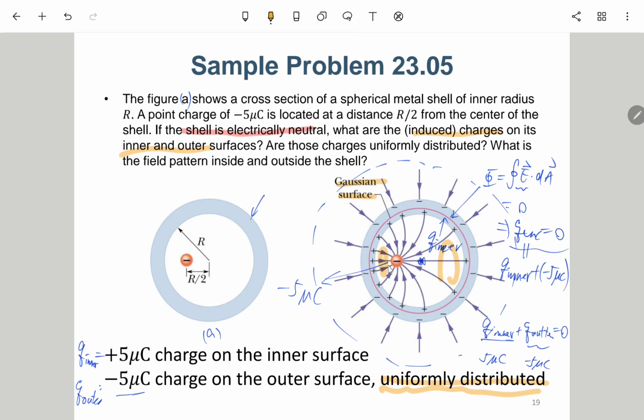In such a way, this side will have a denser charge density, but the other side will have a sparser density.